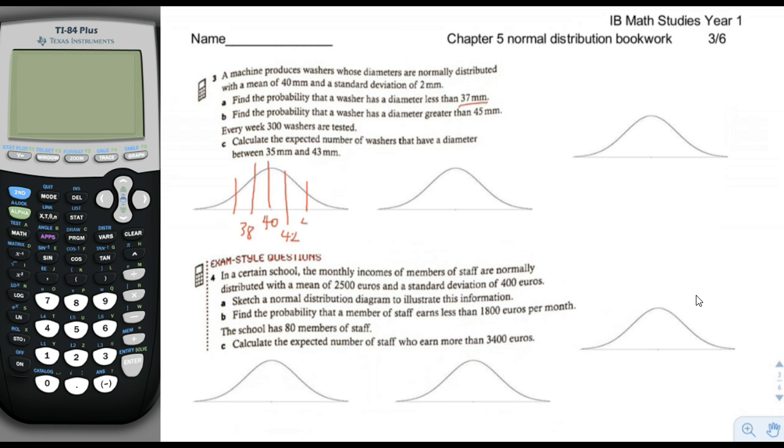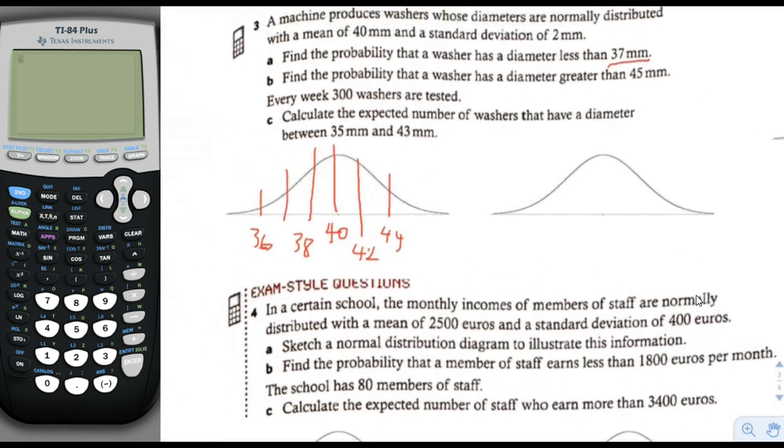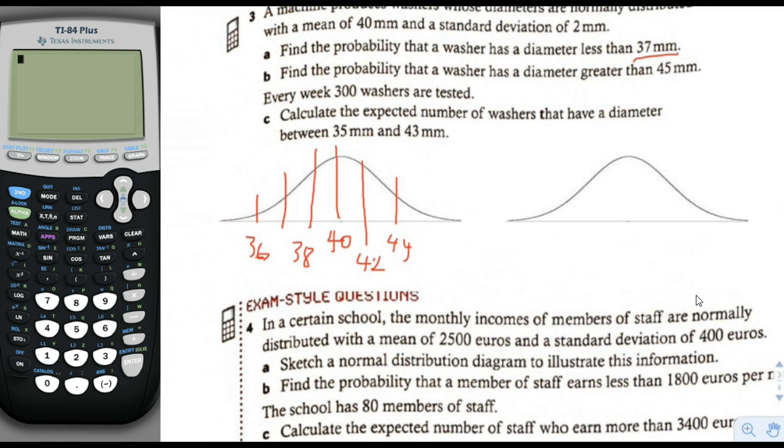So 44, 36, okay. And so they say find the probability the washer has a diameter of less than 37. Now you can see that 37 would be right there. It would start not on one of the standard deviation lines, but halfway between two standard deviation lines.